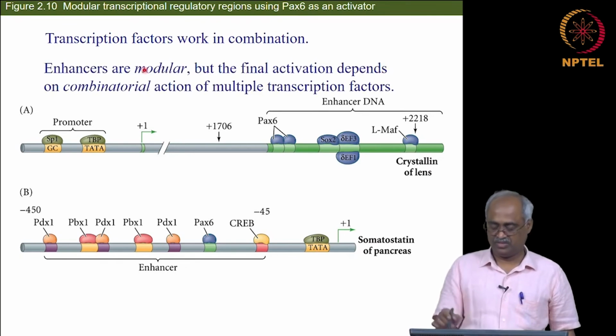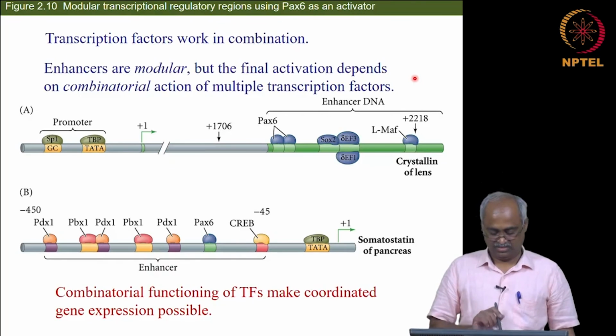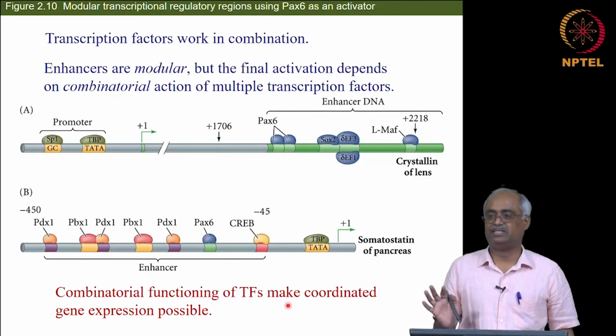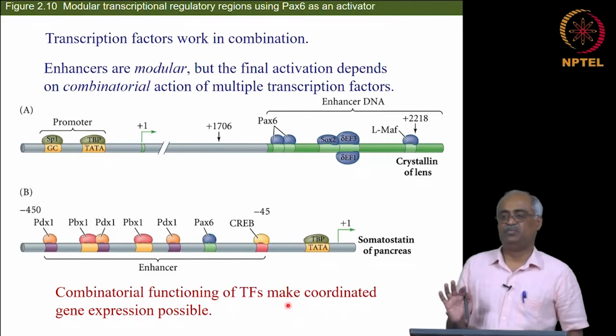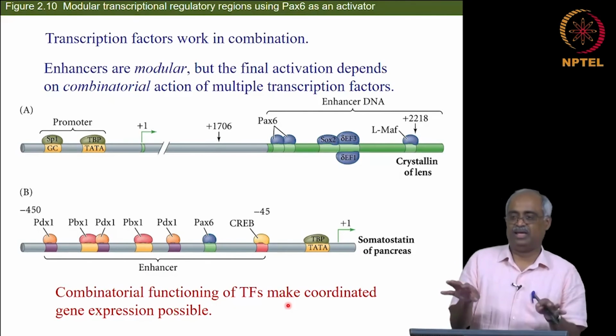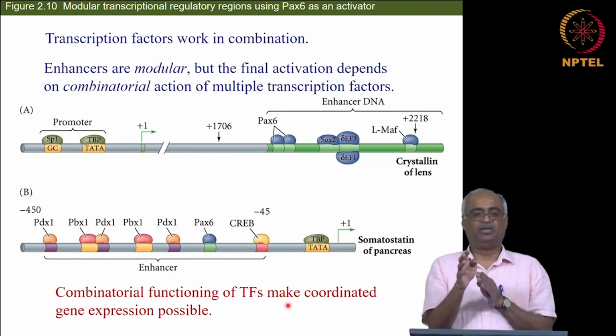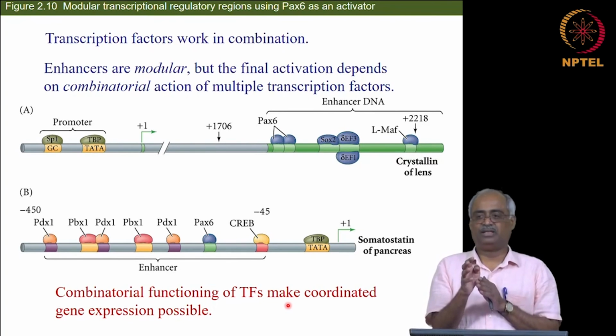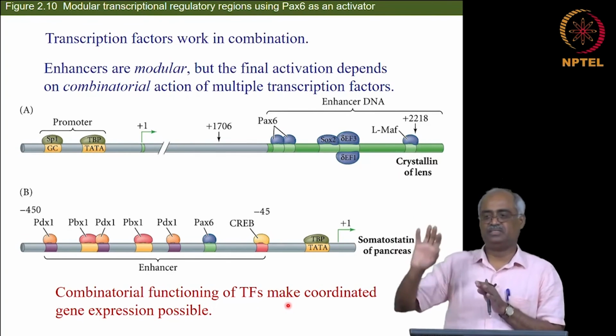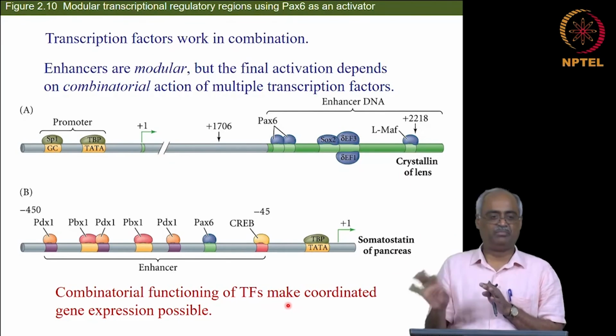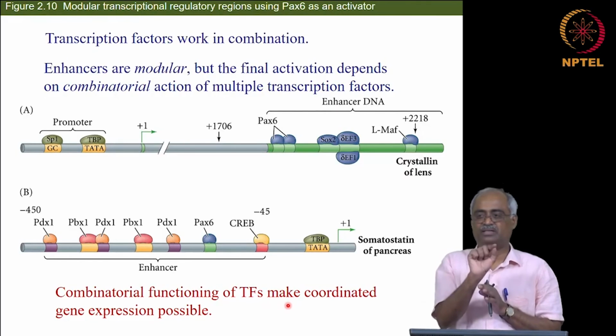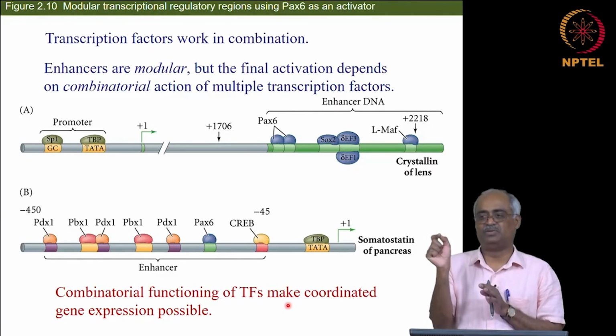Yeah, so this is the summary of what I just said. Combinatorial functioning of transcription factors makes coordinated gene expression. For example, under a particular condition you might want to activate a certain set of genes in certain parts, and all of them can be handled if that condition activates only one transcription factor.